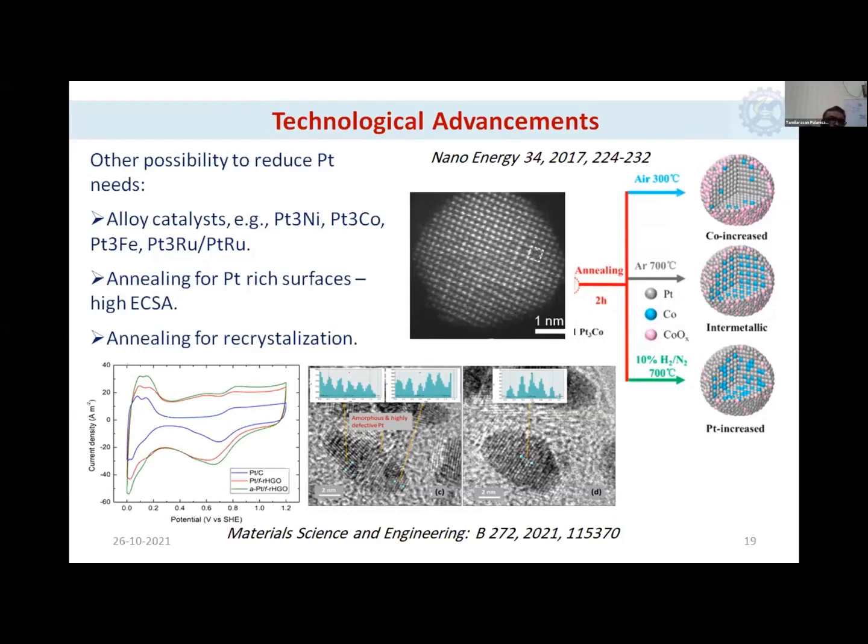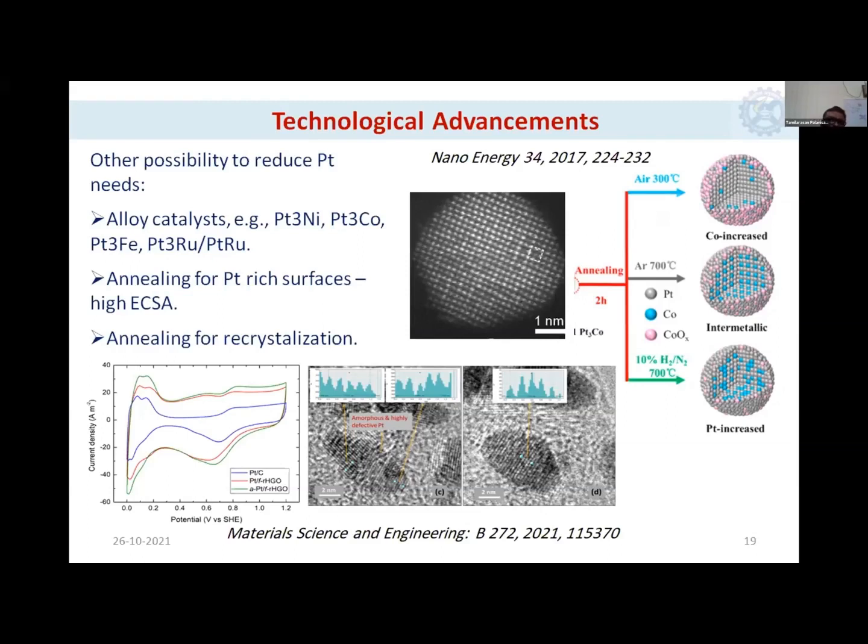How can you utilize platinum much further? Now, there is a possibility like dilution. In platinum catalyst, you can put some non-platinum atoms like cobalt, nickel, Fe, or ruthenium into the platinum matrix so that the platinum is diluted.